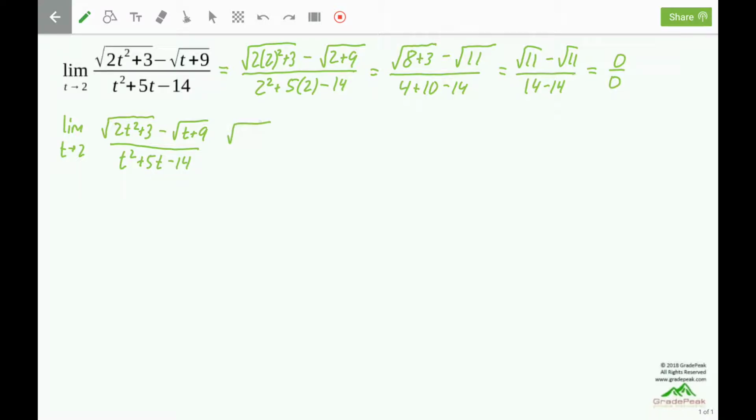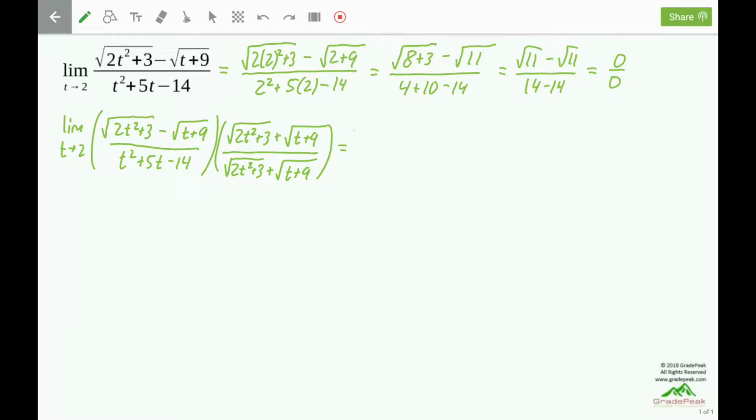The root conjugate is the same root combination, but opposite sign between the roots, so it'll be plus. We're going to put it over itself so that it's a form of 1, so that when we multiply we're not changing the value, we're just changing the look.